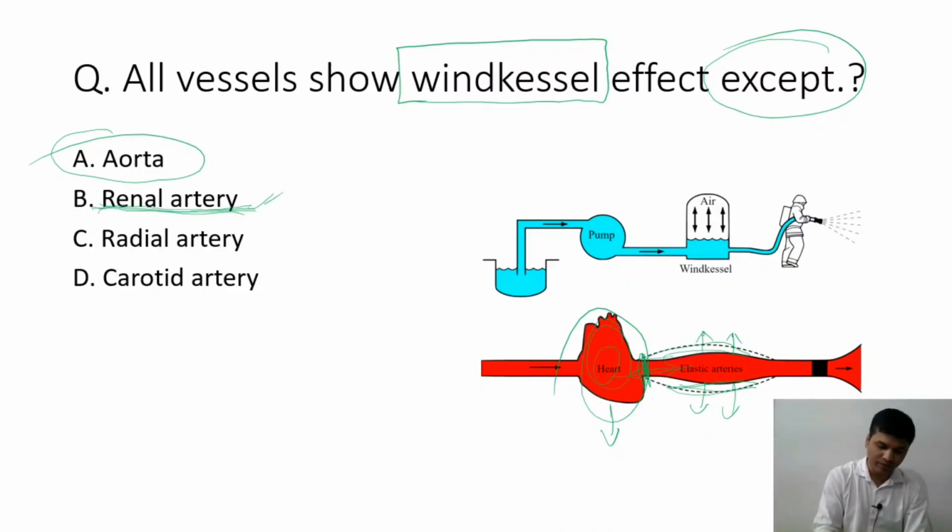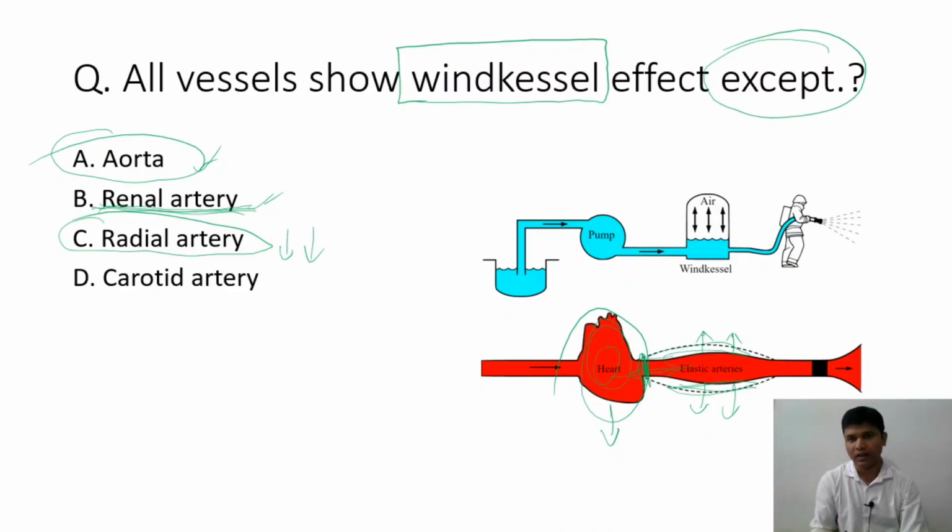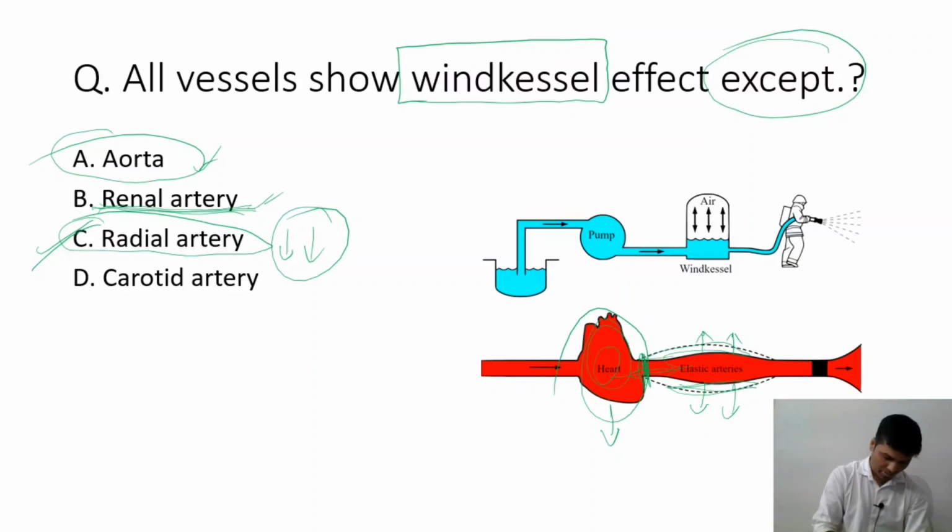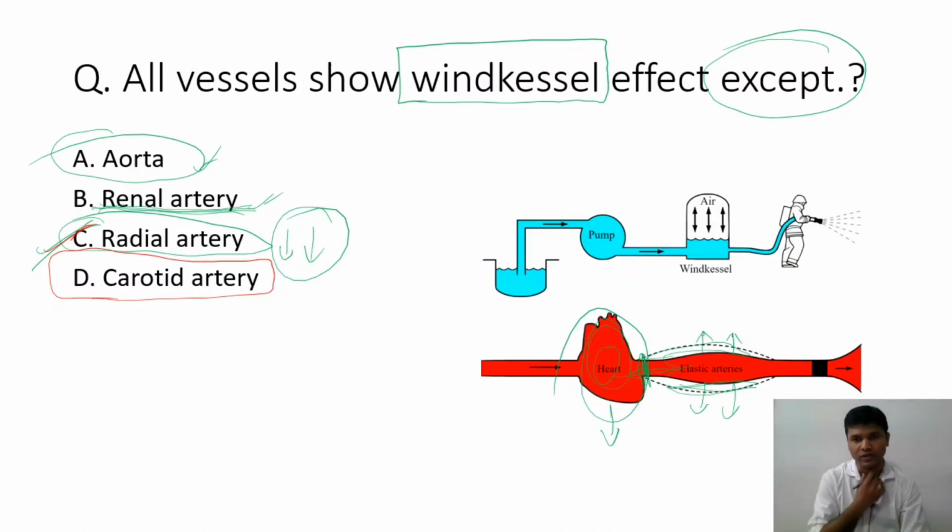some Windkessel effect. Then the radial artery is a peripheral branch, so elastic tissue is there but in less amount, so it will show less Windkessel effect, and you can tick mark it as the answer. The other option is the carotid artery, which also shows the Windkessel effect because it is a direct branch from the aorta.